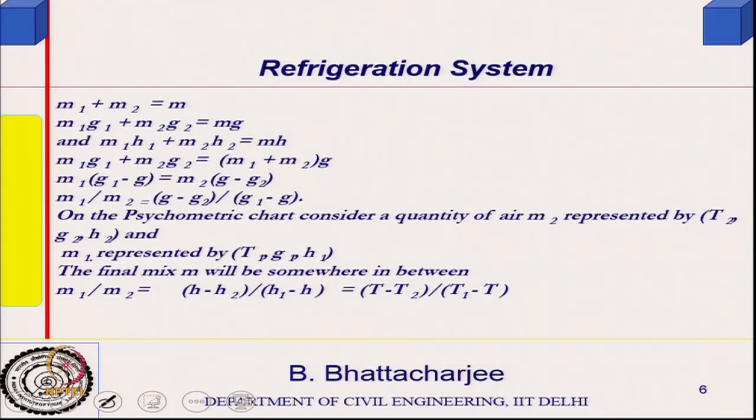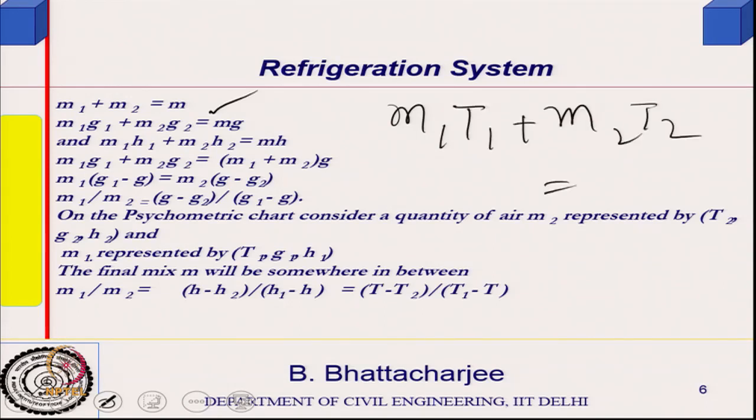The mass will be m1 plus m2, and the temperature will be given as m1 T1 plus m2 T2 equals m times T, the mixture temperature, or T if I may call it simply.